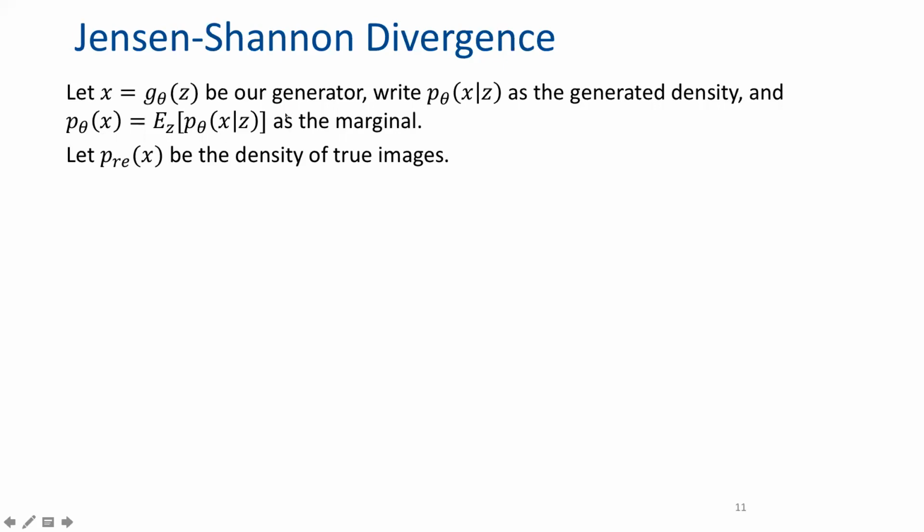And in addition to the synthetic distribution, P sub theta of X, that's what we're generating, we could have a real distribution, which is just the density of the images, real images. So we're not saying we can actually compute either of these given X, but we can generate samples from either one of them.